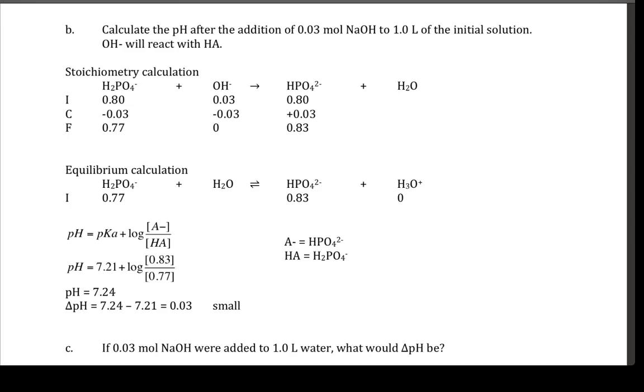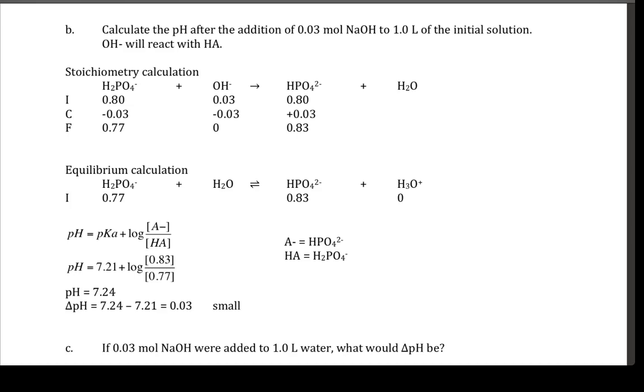So our stoichiometry calculation reaction is H2PO4 minus plus OH minus yielding HPO4 2 minus plus H2O. So we put those initial amounts, 0.80, 0.03 for the OH minus, and 0.80 for the base.